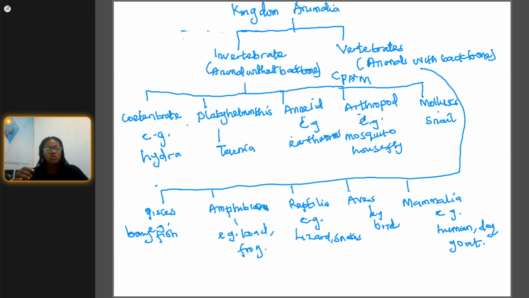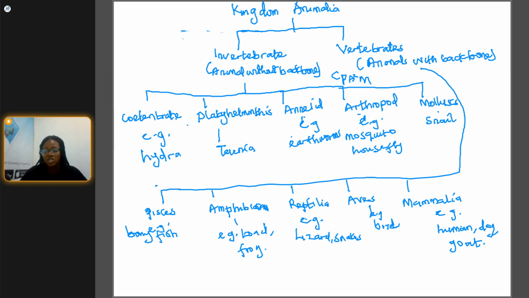Okay, so we moved to kingdom Protista, which are the eukaryotes. We moved to the fungi, then after fungi, we talked about the Plantae, whereby I said from the word Plantae, they are mostly plants, and I gave you 4 classes under Plantae, which are the Thallophyta, the Bryophyta, the Pteridophyta, and the Spermatophyta.